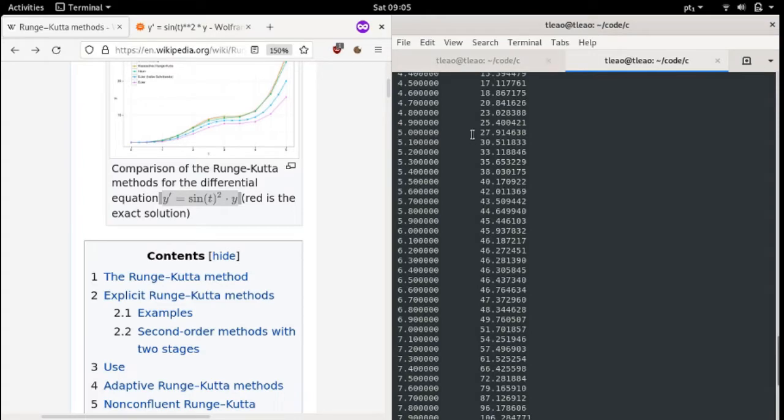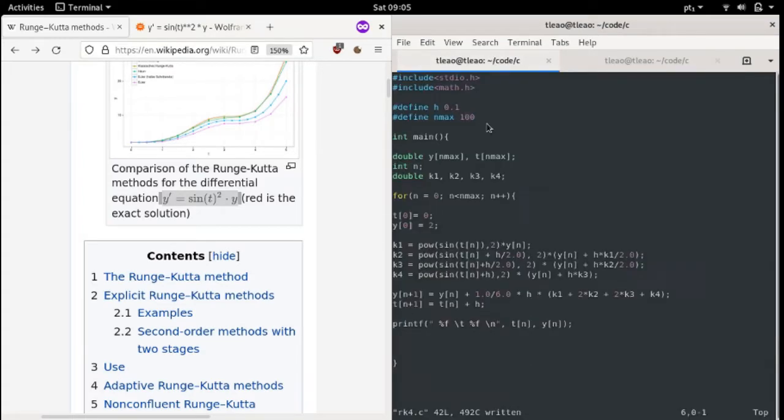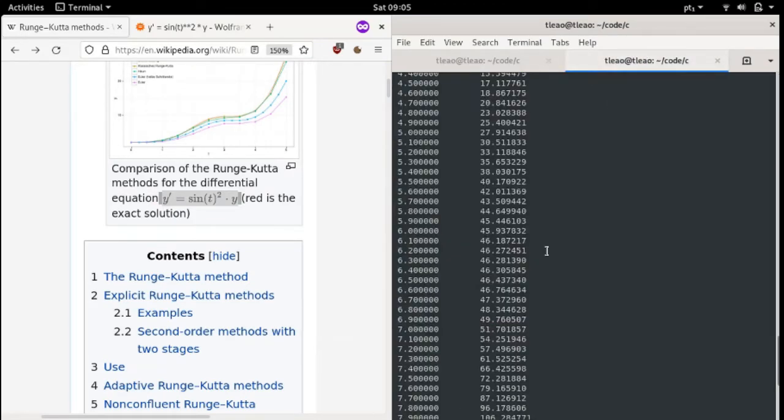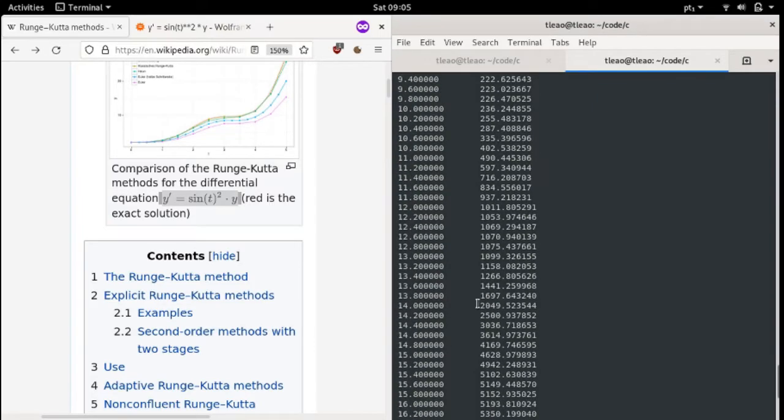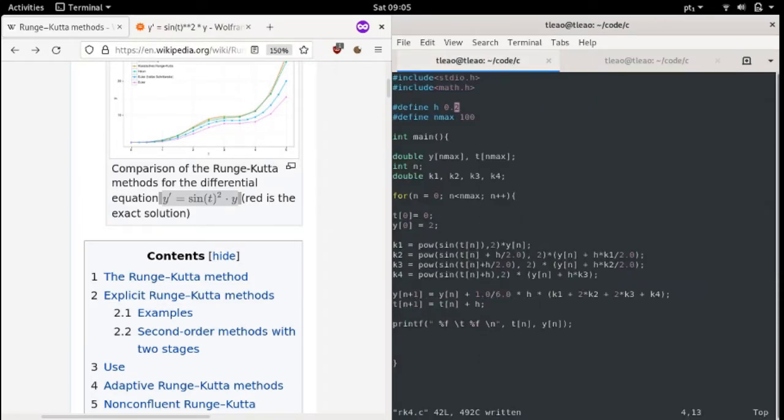So let's try to put 0.2 here, or test. Let's try to go back to what we had before. Let's put 0.5 here and 10 here.